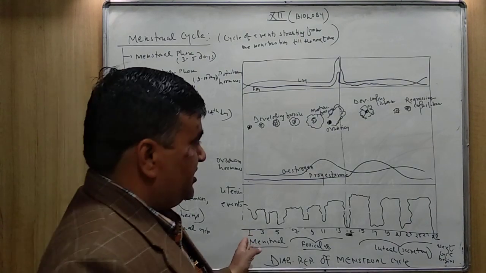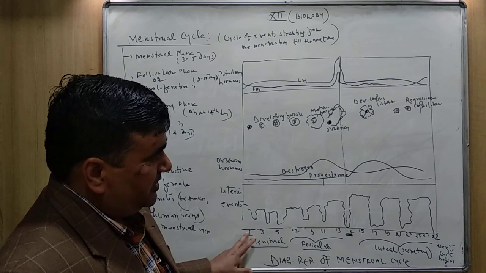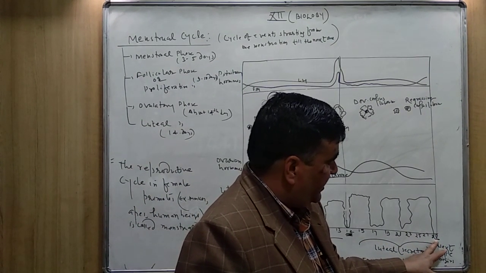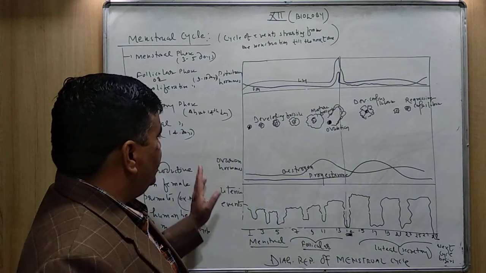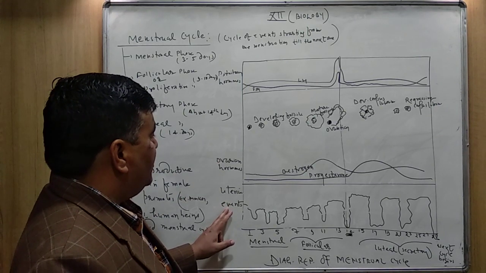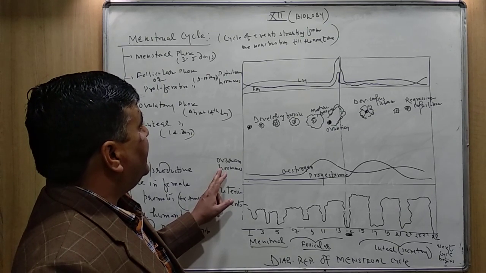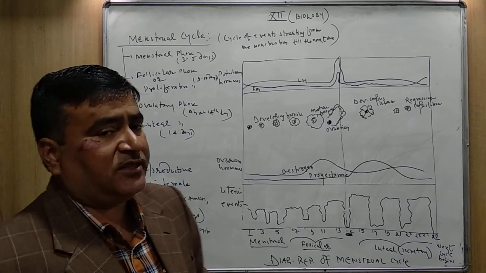In this diagram you can observe it starts from day 1 and ends at 28. You will observe what changes occur in the uterus, what kinds of hormones are secreted by the ovaries and pituitary gland, and what changes occur inside the ovary also.